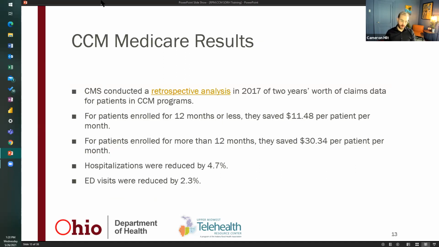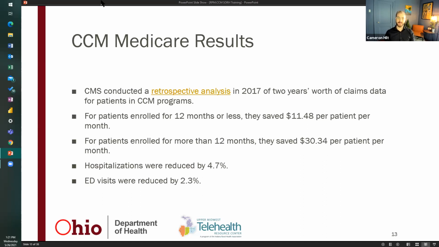Now, looking at chronic care management on its own, Medicare actually conducted their own study on CCM's effectiveness. This was done through a retrospective analysis in 2017, which utilized 2 years worth of claims data for patients that were in CCM programs. They saw a lot of positives when it came to cost savings, especially on a per patient per month basis.